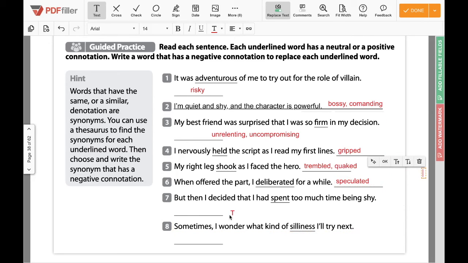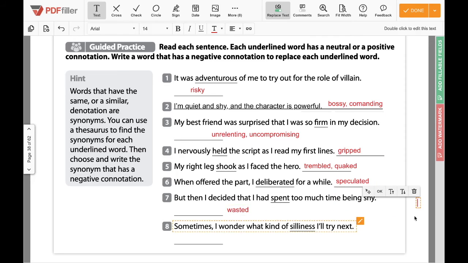So number 7 says, but then I decided that I had spent too much time being shy. Spent is very neutral, doesn't give us a negative or positive view. Another word that means the same thing could be wasted.